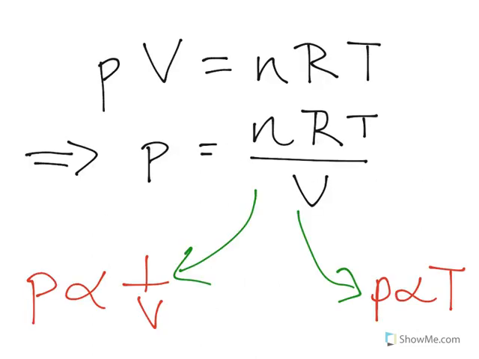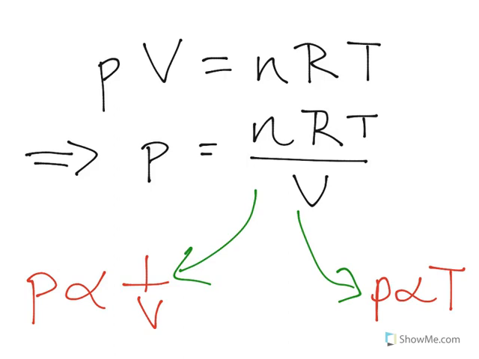So let's take a slightly more complicated example. We start out with the ideal gas law, which is PV equals nRT, where P is pressure, V is volume, n is the number of moles, R is a constant, and T is the temperature. Now, in general, n, the number of moles, is constant because in most examples you'll look at, the amount of gas, so the number of molecules, is not changing.